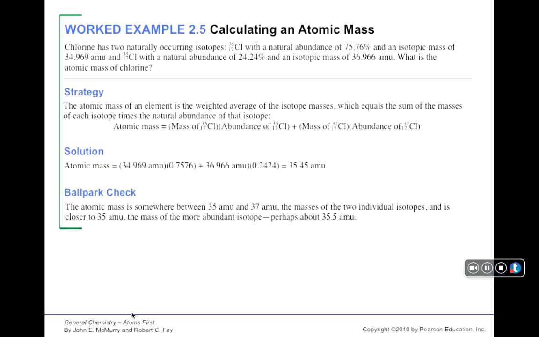Either of those represents the same unit. So you could say that the atomic mass is 35.45 AMUs or 35.45 grams per mole. You'll see that most of the time when we're doing these calculations, we'll use grams per mole. But just to note, AMU is an identical unit.